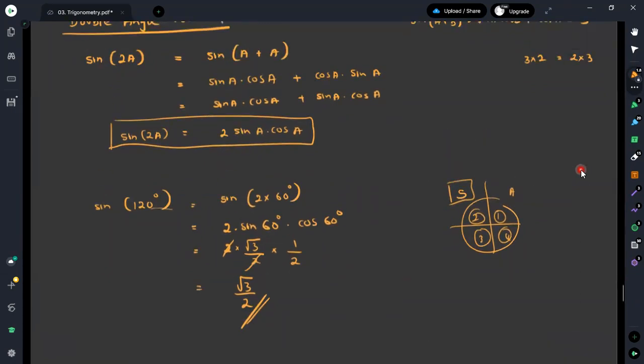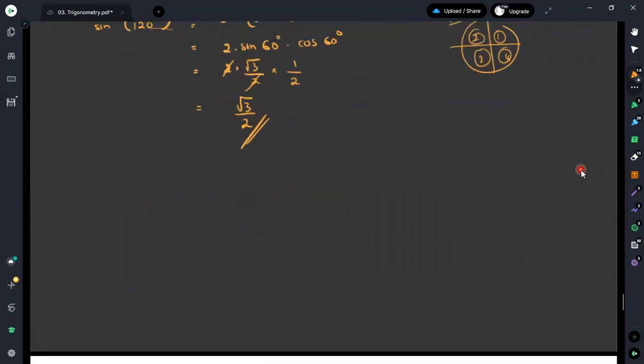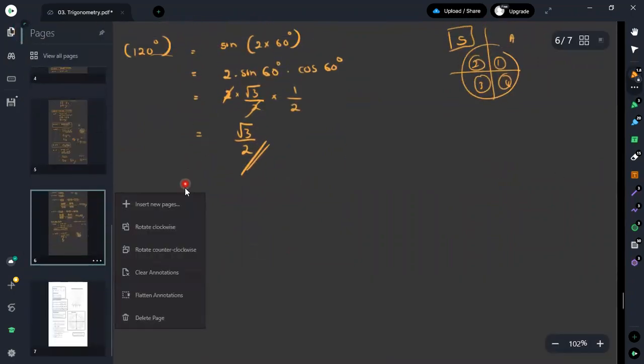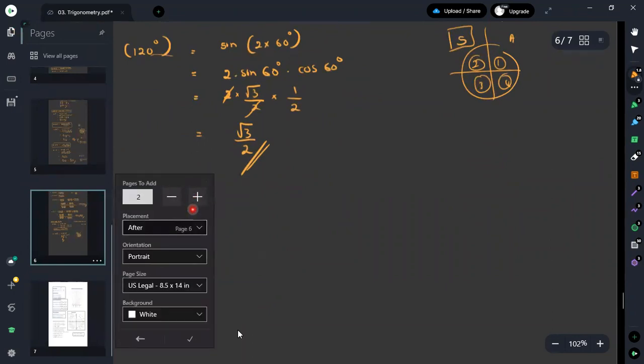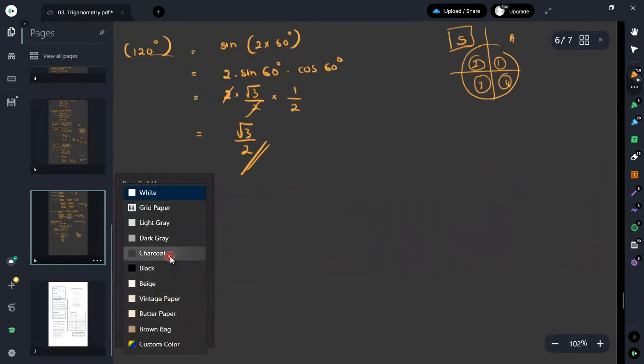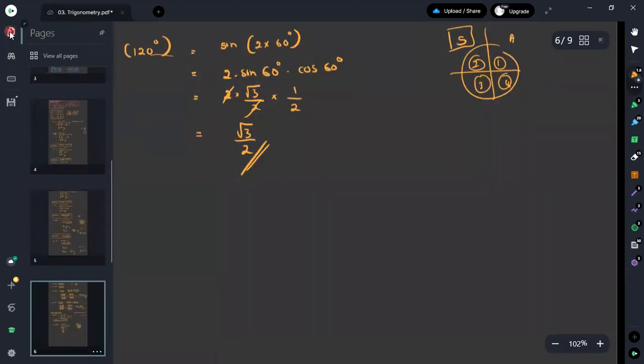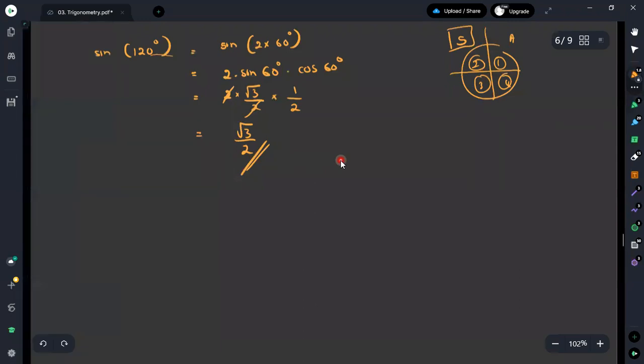And now we will move to cosine 2 times A, obtaining an equation for cosine 2A. Here what we can do is write cosine 2A as the summation of two angles: cosine (A plus A).